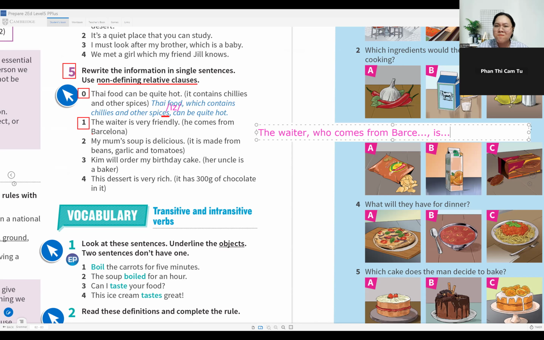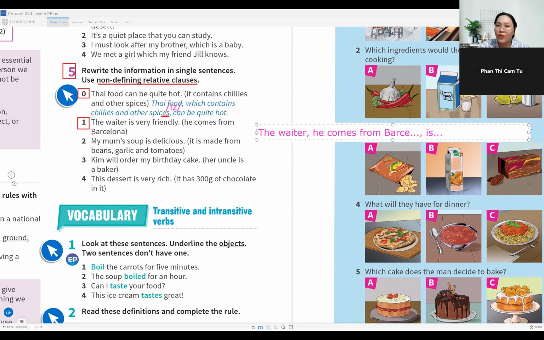If you write he here, it's just parts of the sentence: the waiter is one part, he comes from Barcelona is a simple sentence, and is very friendly is just a part.